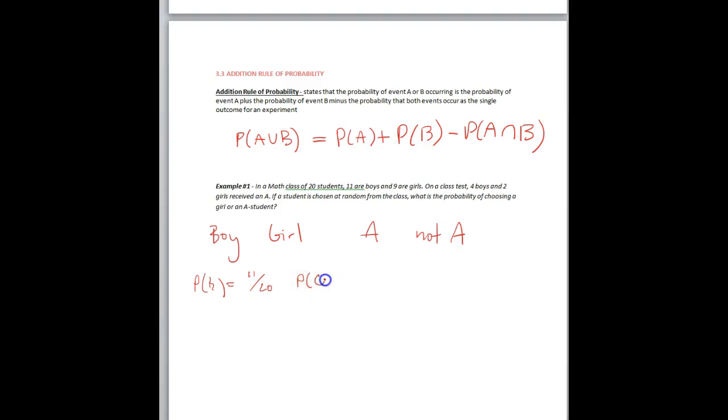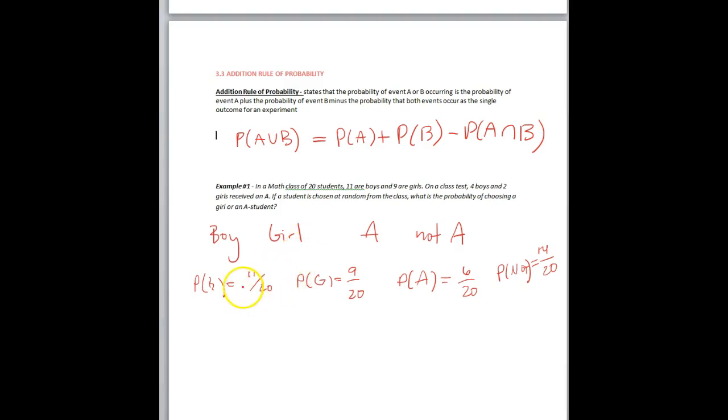Probability of being a girl is 9 of 20. Probability of getting an A on a test: 4 boys got A's and 2 girls got A's, so there are 6 A's. So the probability of A is 6 of 20, and the probability of not A, the people who didn't get it, is 14 of 20.